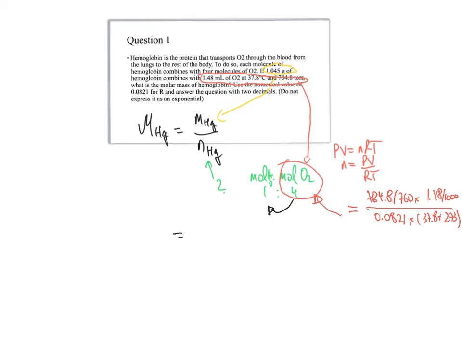In this case, you will simply have 1.045 grams divided by 1/4, because it's a 4 to 1 ratio. If I do all this in my calculator, you should get something like 5.99 times 10 to the minus 5 moles.